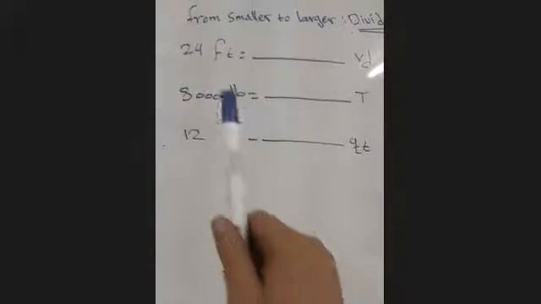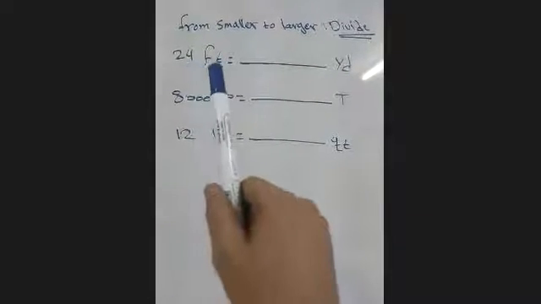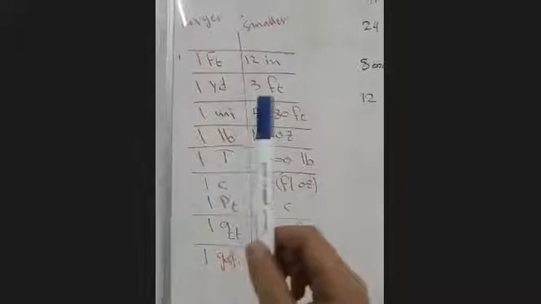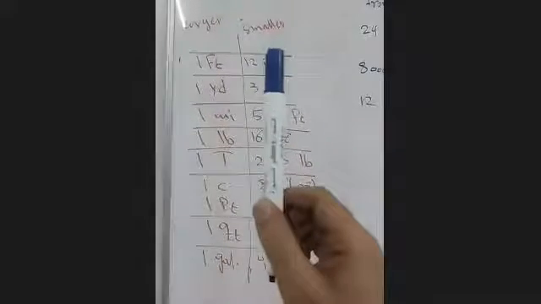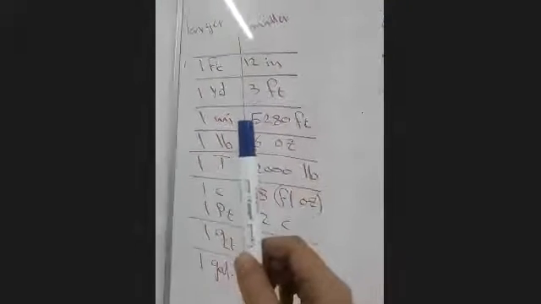So, for example, here, guys, if I want to turn 24 feet to be in yards, I will go here in my table and search for the direct relationship between feet and yard, which is here. I will turn from feet to yard, from smaller to larger. We will divide by 3.